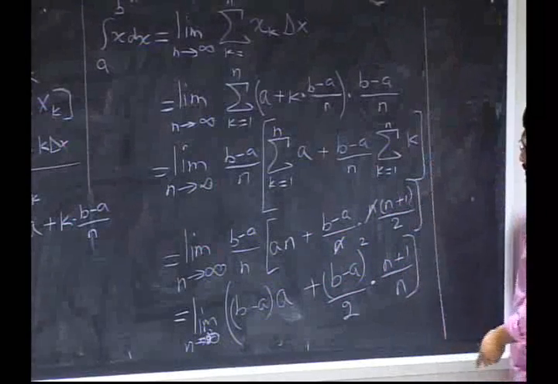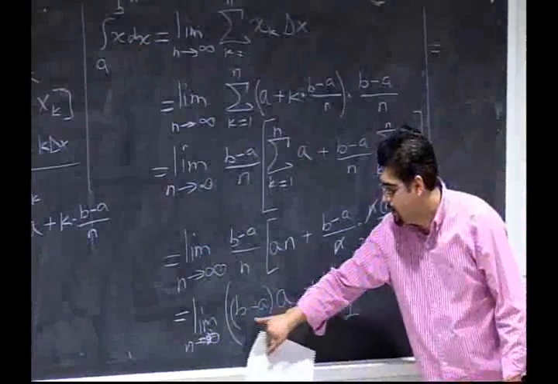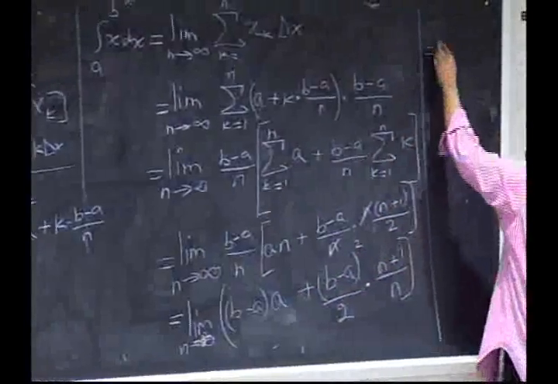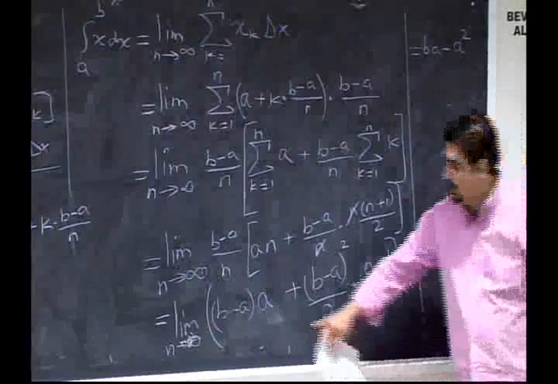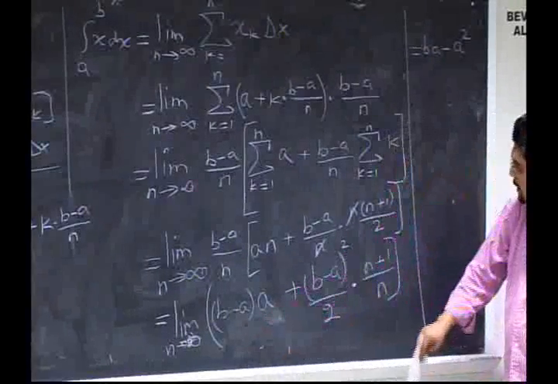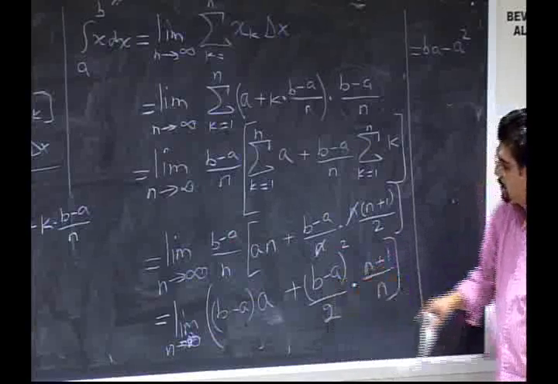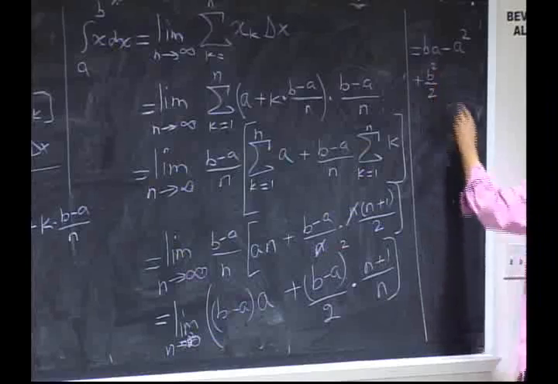So as n goes to infinity, this is fixed. Let's just expand this. That would be ba minus a squared, this part over here. And for this part over here, we can expand this so we get plus b squared over 2.